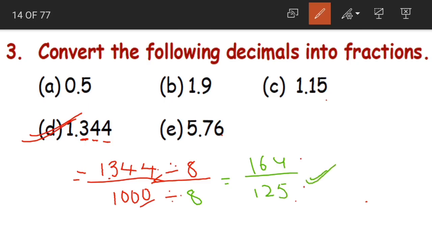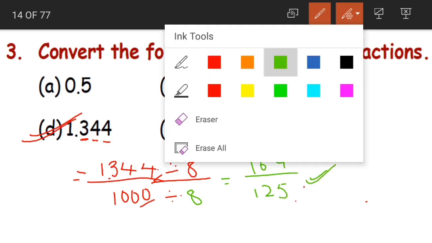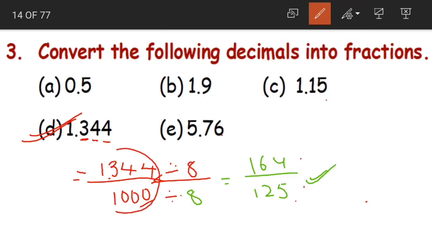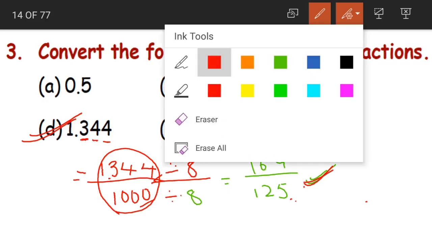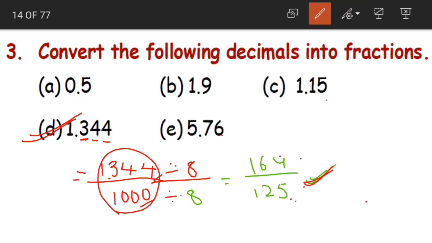So this will be our final answer children, the answer reduced to the simplest form. This is the fraction 1344 divided by 1000, but reduced to the simplest form it is 168 divided by 125.